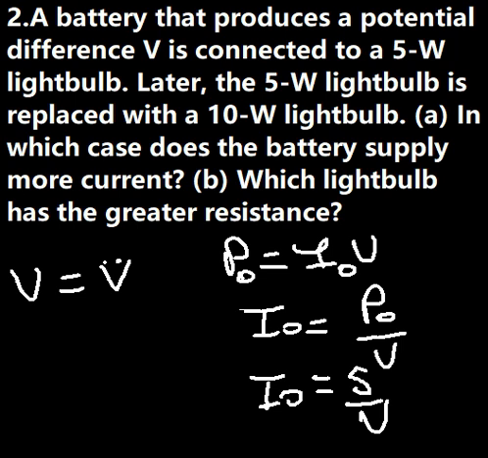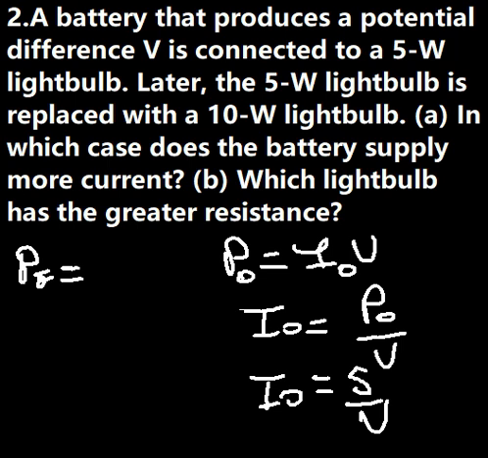So the next, later the 5 watt light bulb is replaced with the 10 watt light bulb. So now, by the way, the battery remains the same. So which means now what will change? We'll have the final power. So what will be the final power?